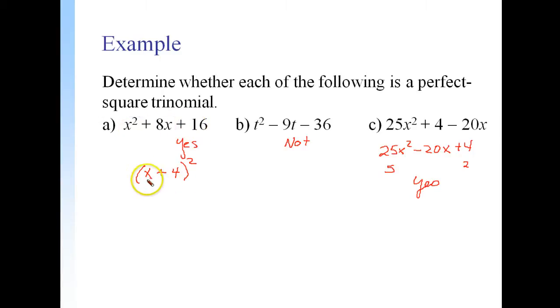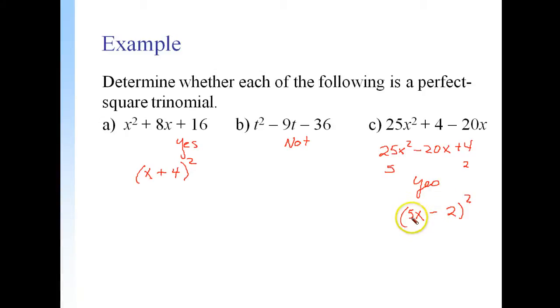Then try it, square this, multiply this, double it, square that, and it checks out. And for this one, the square root of that is 5x. The square root of the 4 is 2. And we need a negative sign in the middle.